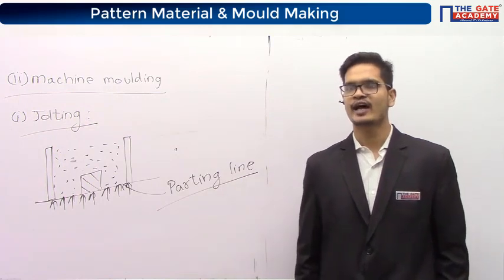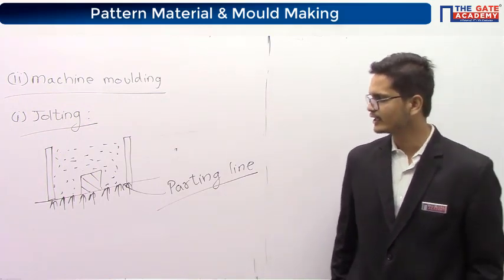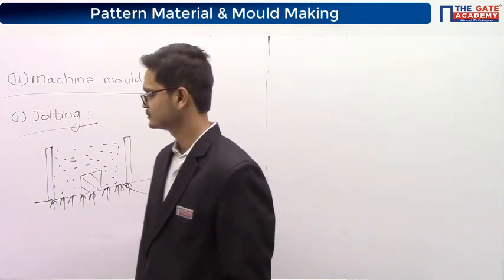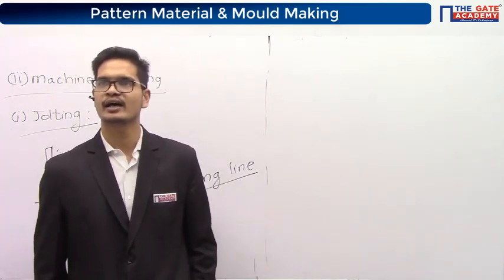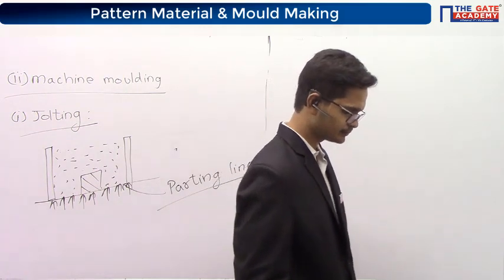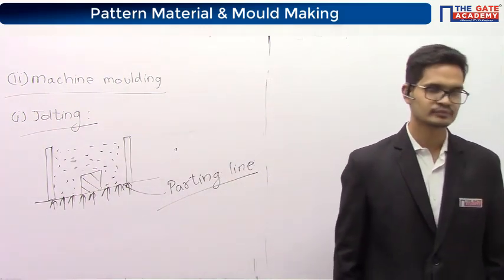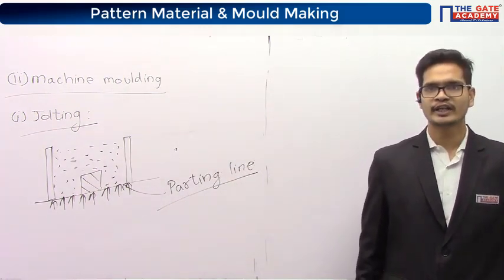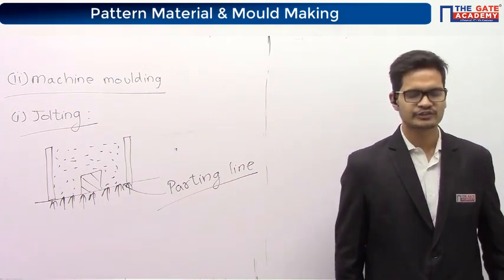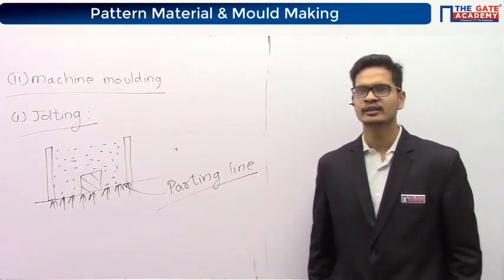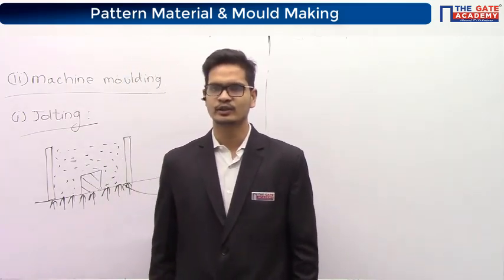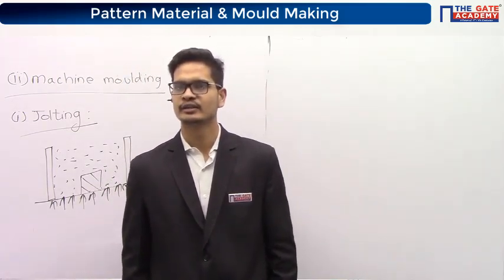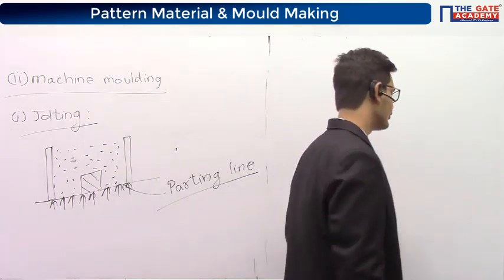In this we get higher density near the parting line, and lower density away from the parting line.